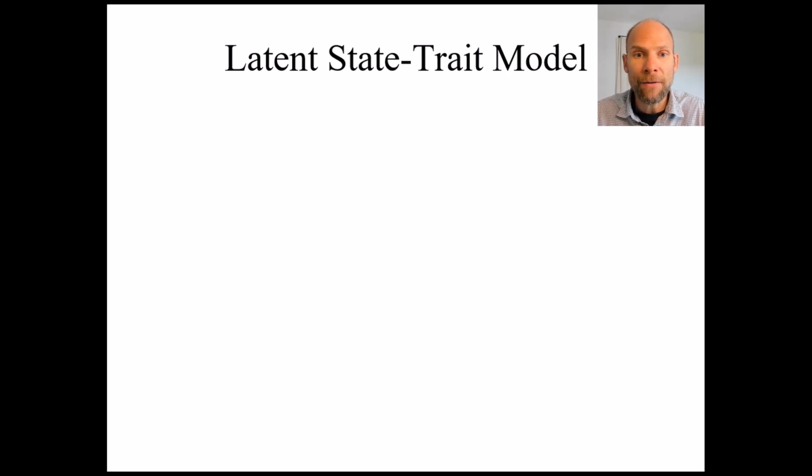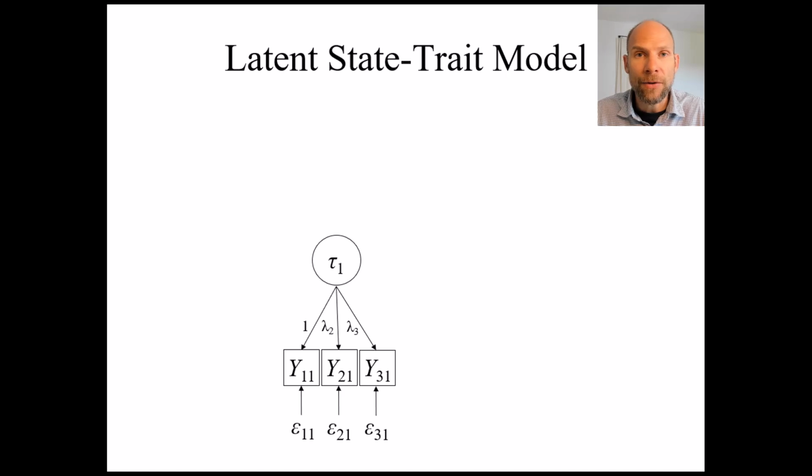So here we have a single factor with the label tau1 and three indicators, y1, y2, and y3. Those could be, for example, three different items for measuring mood states, for example, positive affect, or they could be scale scores, questionnaire scores. We're measuring these scores repeatedly across time.